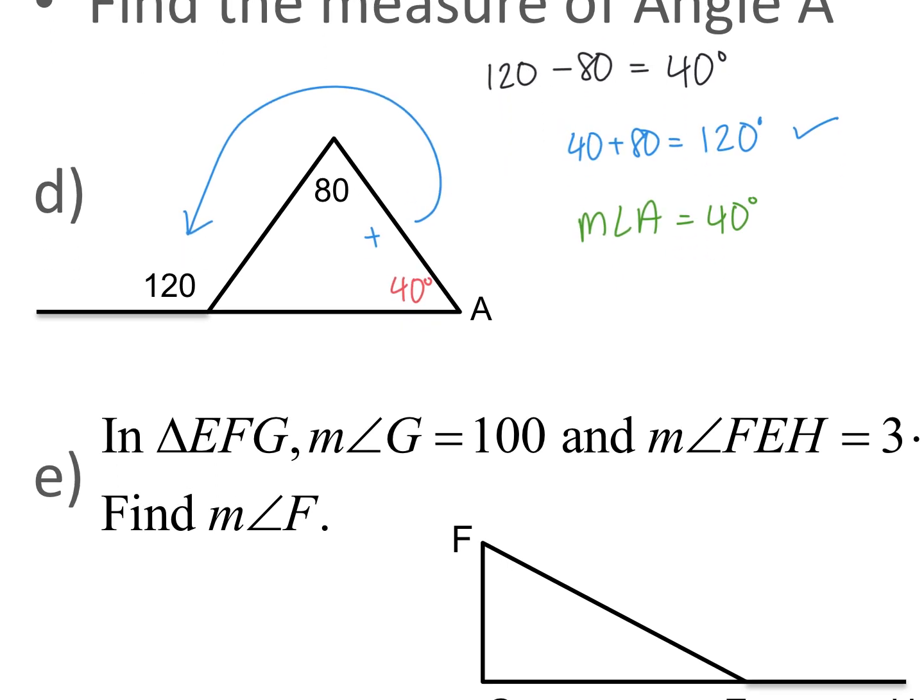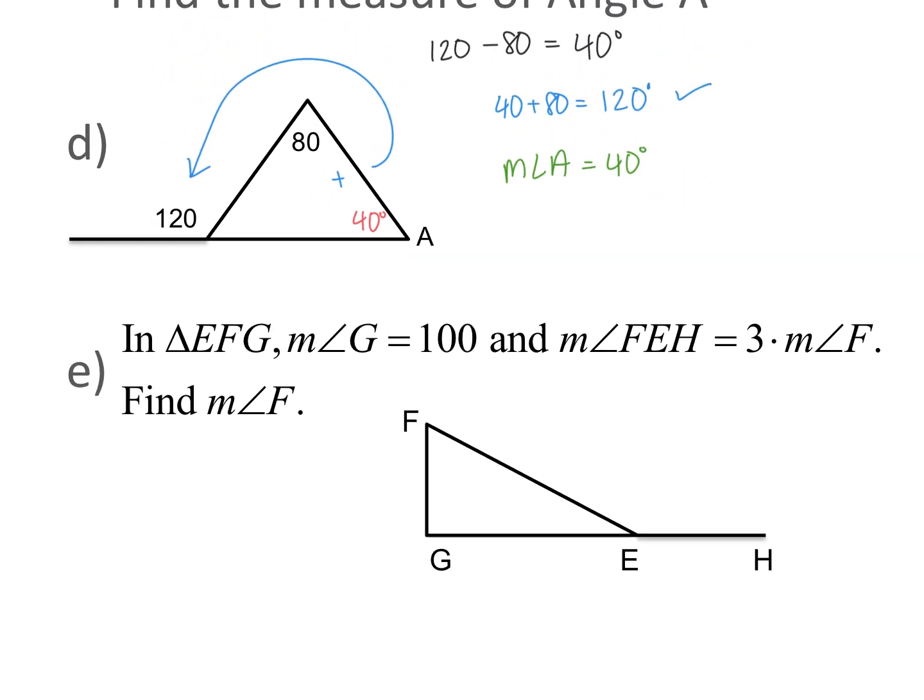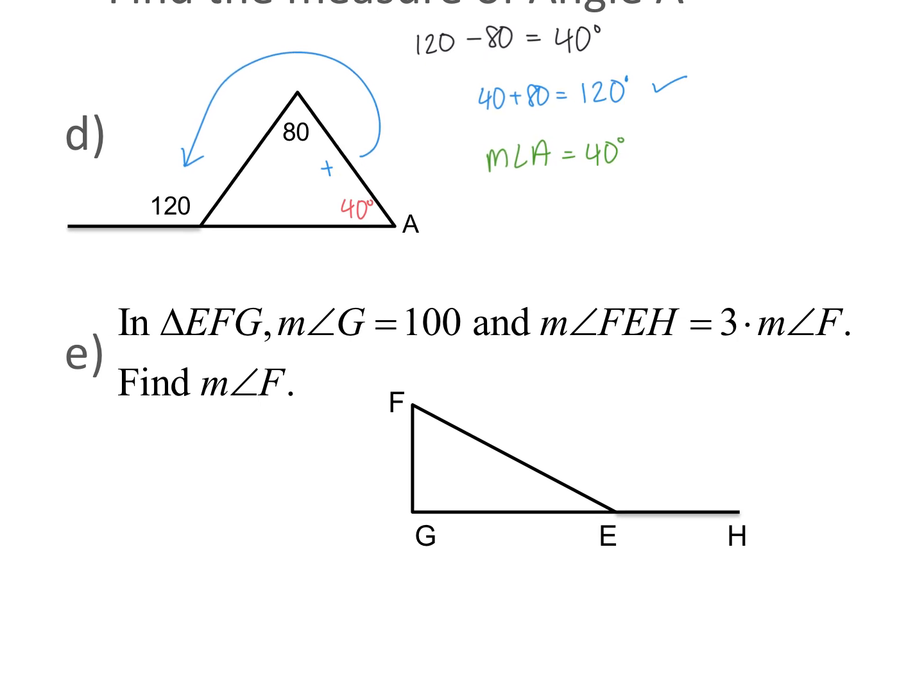All right, and E, this is kind of like a word problem. It says in triangle EFG, the measure of angle G is 100 and the measure of angle FEH is 3 times the measure of angle F. Find the measure of angle F. So looking at this one, highlighting and filling in, they're telling me the measure of angle G is 100 degrees.